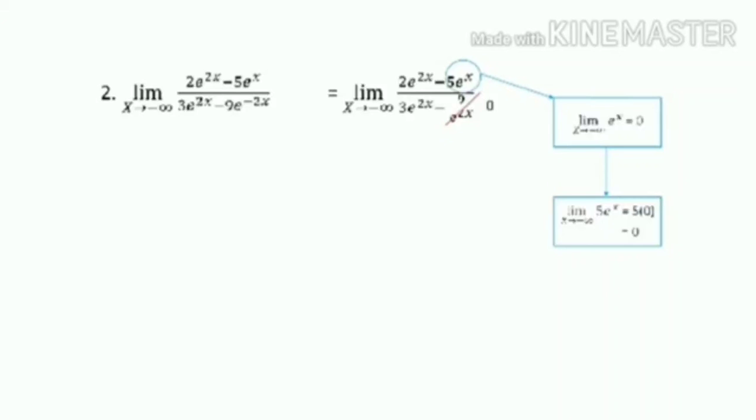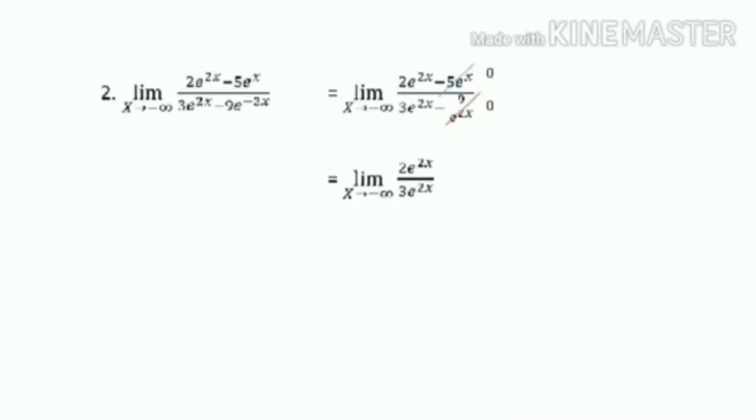As we know, that's going to be 0 as well. Remember that there's a horizontal asymptote on the left side. As x goes toward negative infinity, this 5e to the x is going to go toward 0. So 5 times 0 equals 0.